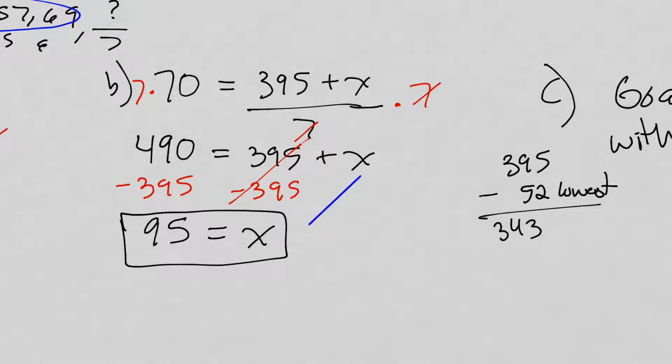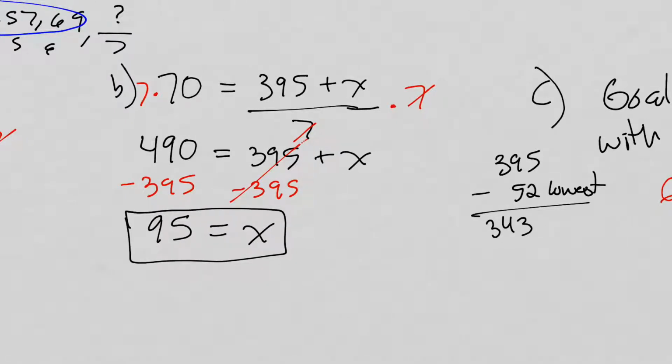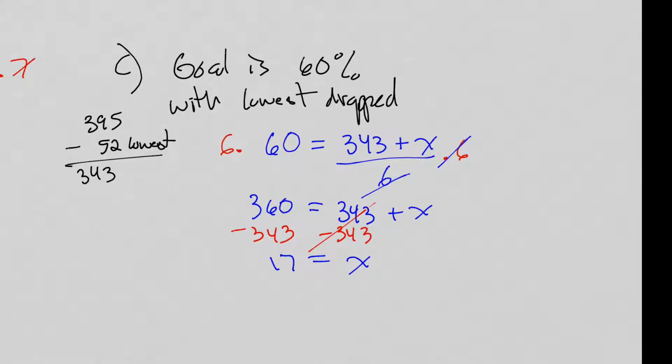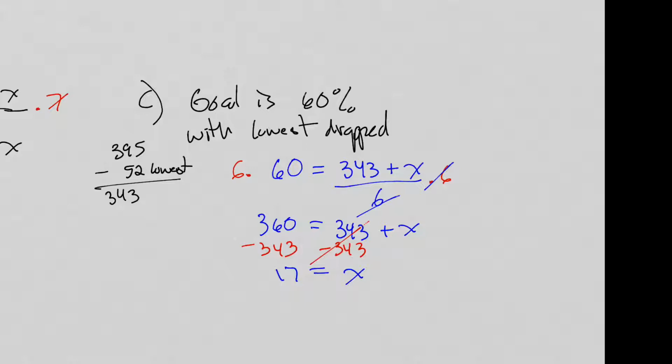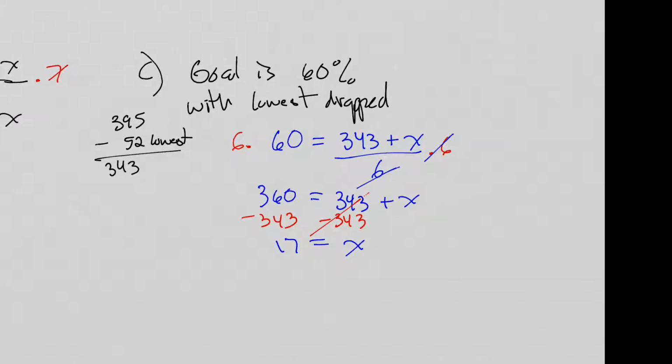Okay, which is possible. People do it. But with the lowest test grade dropped, that is going to ease up her 95 down some, so she doesn't have to score that great. All right, so let's take a look at the same scenario, except we want a 70.